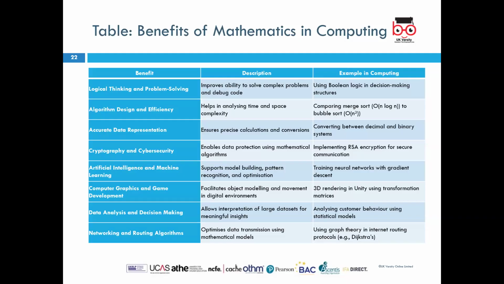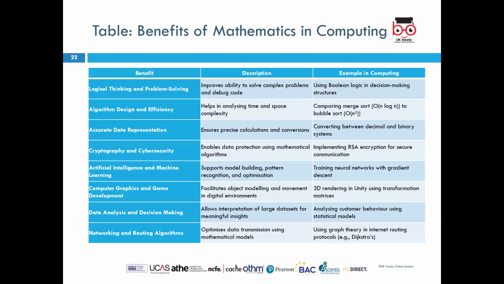Computer graphics and game development facilitate object modeling and movement in digital environments. 3D rendering in Unity using transformation matrices is an example. Data analysis and decision-making allows interpretation of large datasets for meaningful insights. An example could be analyzing customer behavior using statistical models.